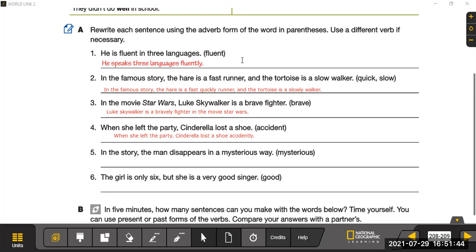Okay. Maciel, can you tell me number five? Wait, one moment. Okay. And in this story, the man disappears in a mysterious way.